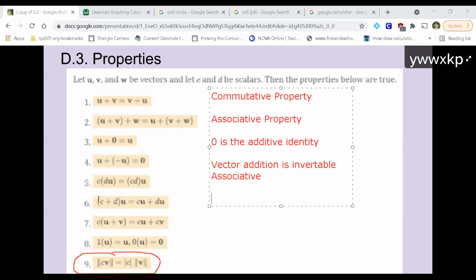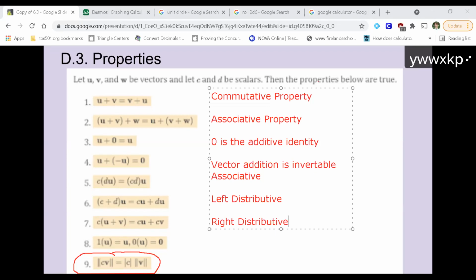6 and 7 both show you the distributive property works. C plus D times U is the same as, I can distribute the vector to get C times U and D times U. And C times U plus V is C times U plus C times V. So if you want to be technical, it's left distributive and right distributive, which matters when you have an operation that's not commutative.